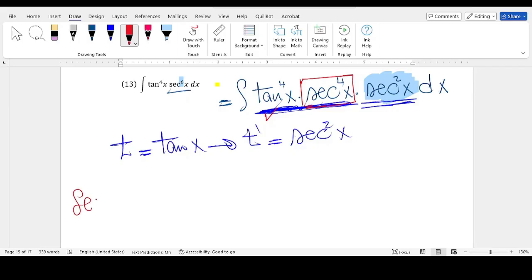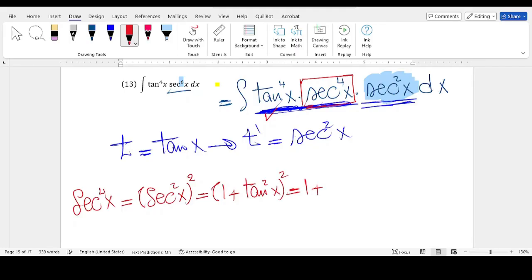Sec to the power 4x can be rewritten as sec square x power 2. Sec square is 1 plus tan square, so 1 plus tan square x power 2. This will be the first square, plus first times second times 2, plus the second square, which is tan to the power 4.